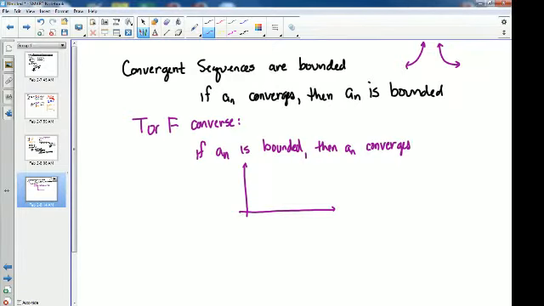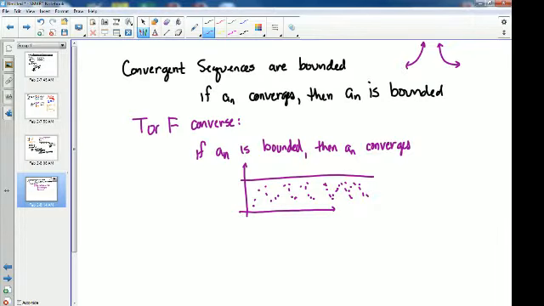Okay. Can you think of a function that does this? Yeah, sine or cosine. Is that bounded? Does it converge? It's just up and down, right? So you're going up and down. It's bounded, but it never converges.